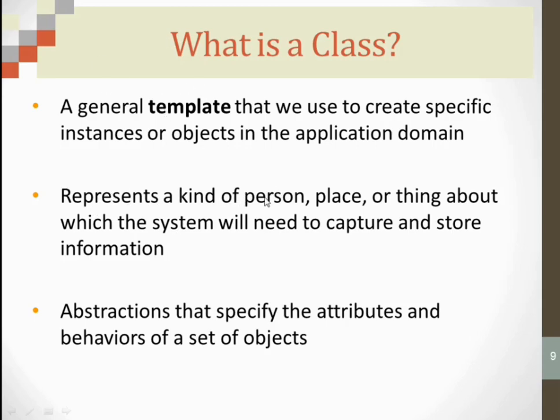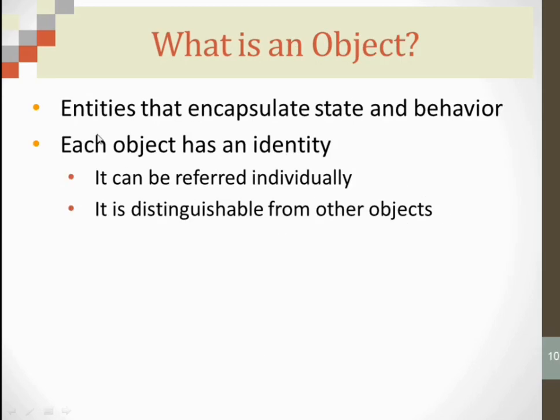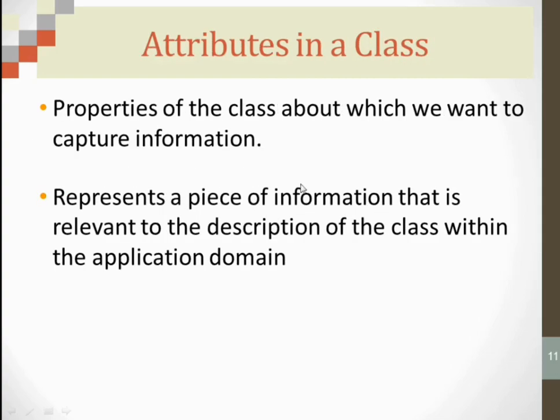So the classes will be something like person, place, printer. All of these are classes. The object is an instance of these classes. Here are the attributes of the classes. They are the properties of the class, like the name of the class, the ID of the class. So some information about the class.